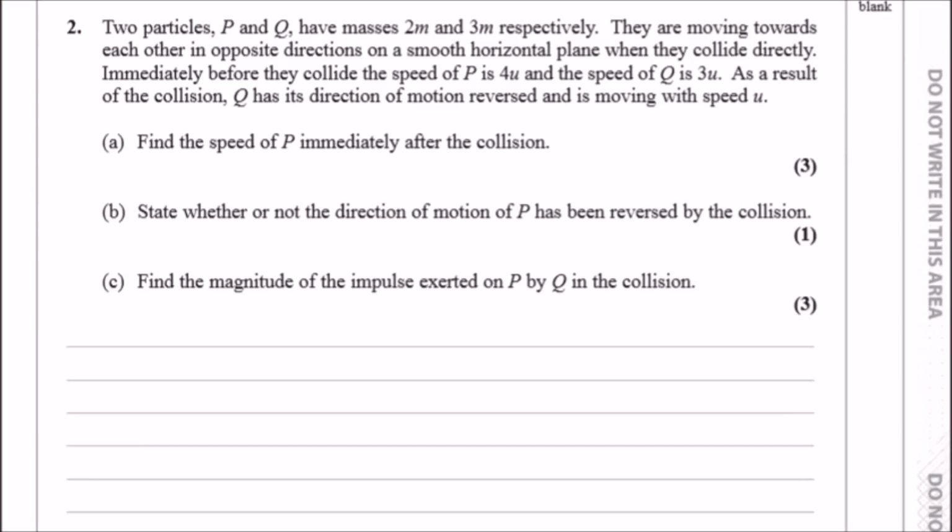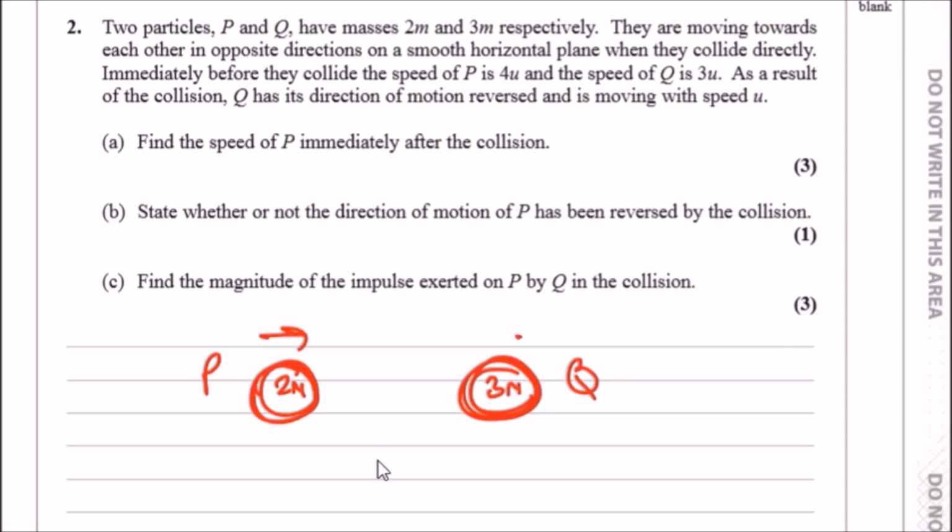So what I would do firstly is actually draw this out. Let's imagine this is P and this is Q, and they have masses 2m and 3m. They're moving towards each other in opposite directions, so this is moving towards Q and this is moving towards P, and they have speeds 4u and 3u respectively.